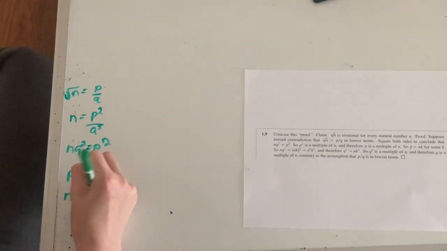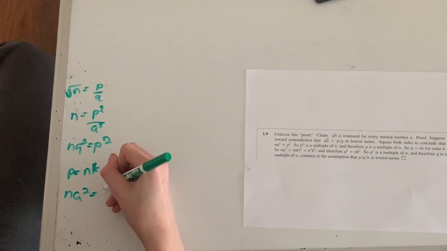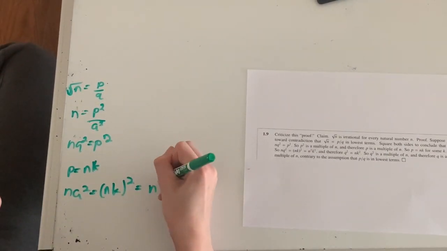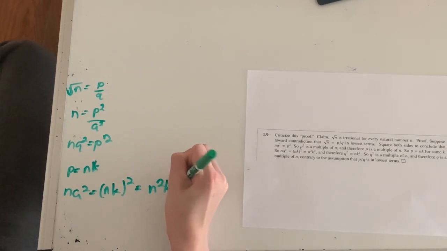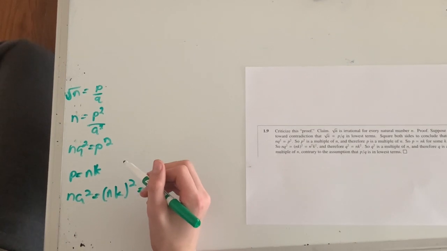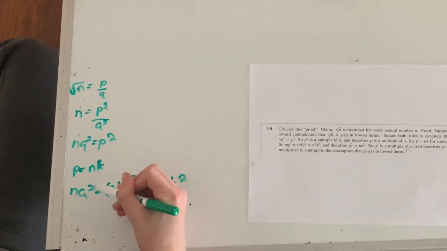n Q squared equals n squared k squared. So n Q squared, which is up here, that equals P squared. P equals n k.